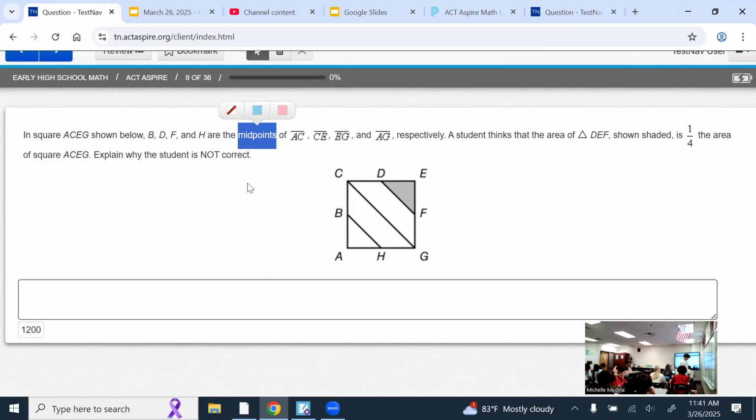So if it says these are the midpoints of AC, well, B is the midpoint of AC. D is the midpoint of CE, and they have the little notation to show you like line CE, line EG, F is the midpoint, and AG, H is the midpoint.